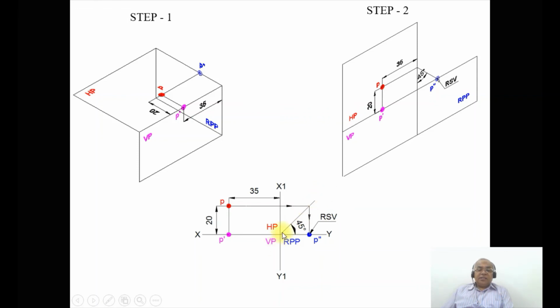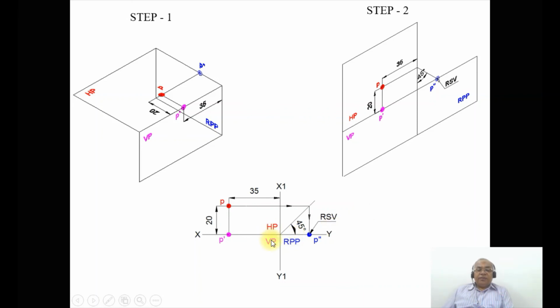Then the distance which is vertical here, which is 20 mm, is transferred into the horizontal distance. And from here you draw a vertical projector such that both these two lines intersect at this point, and you mark this point as P double dash, and the view you are going to get is the right side view.